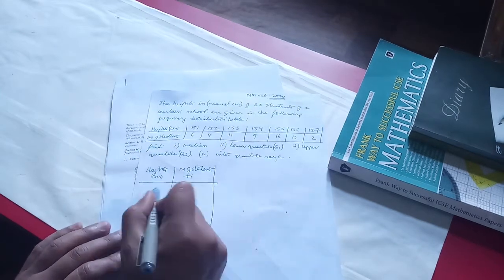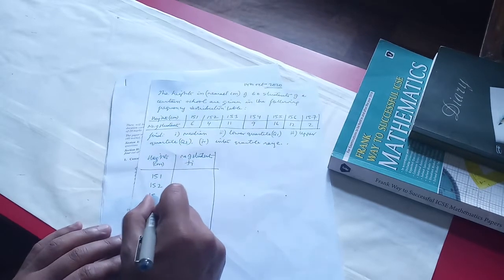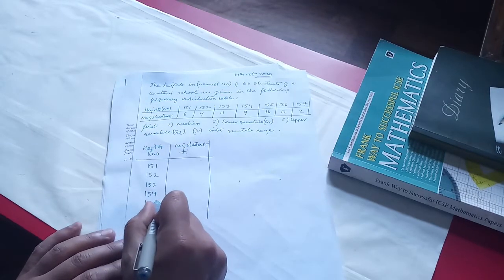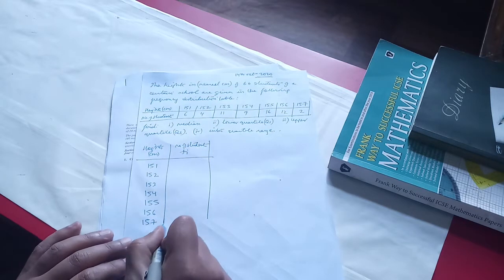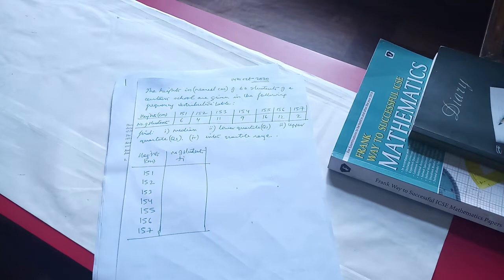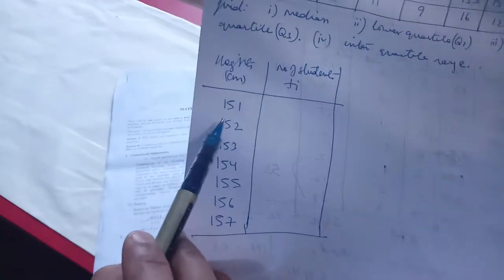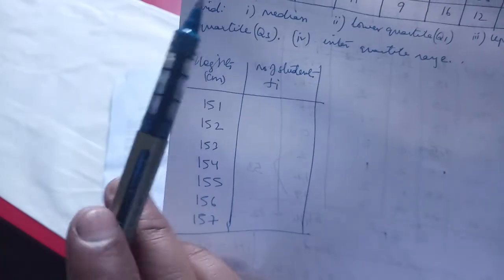Then we write like this: 151, 152, 153, 154, 155, 156, 157. You have to observe one thing. Look at the height, it is already arranged in ascending order. So that is the first criteria for median. These are the observations here. What is the observation? Height.